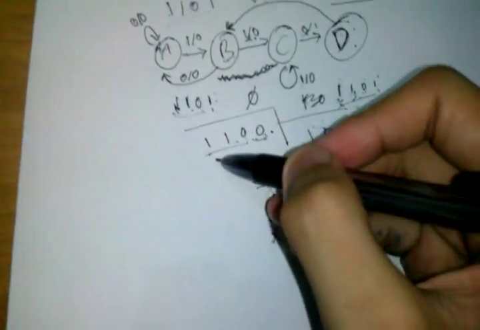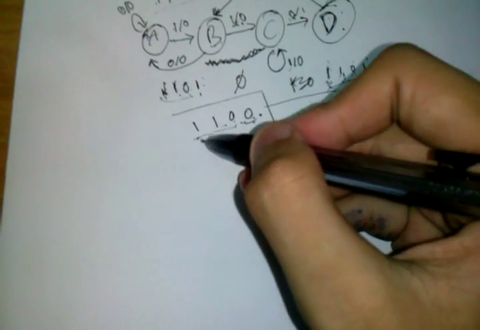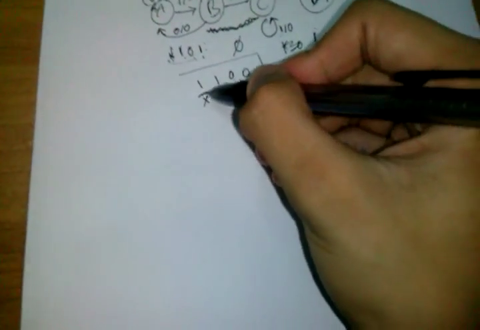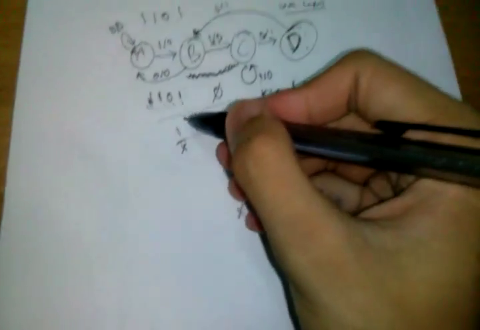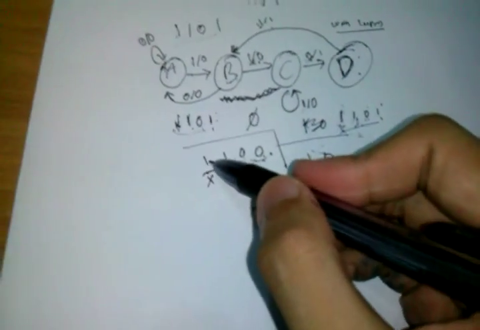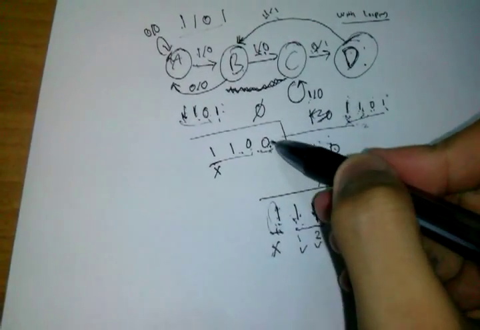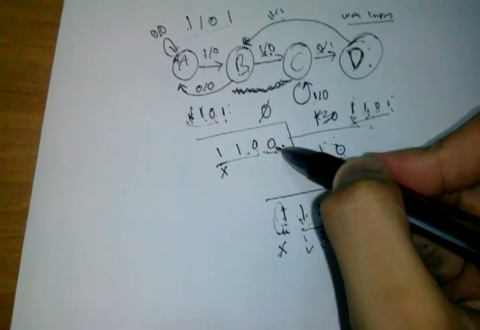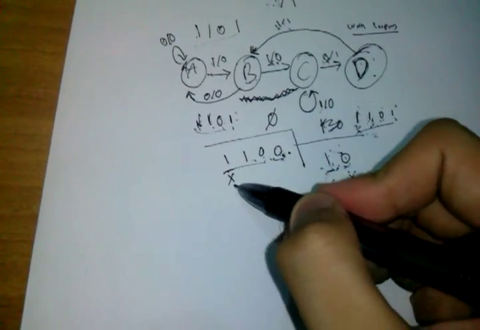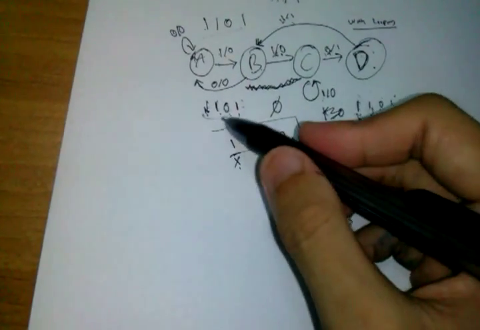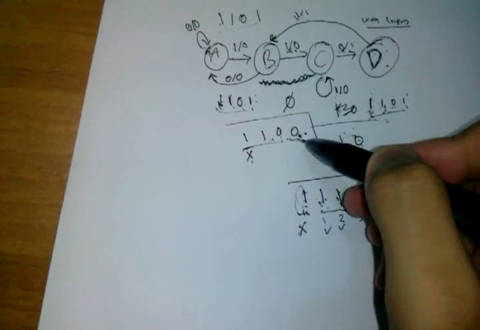Okay, I read again. This is wrong, because there is no probability for this one to be right. If it wants to be right, it should be 1, not 0, but we get 0, so that's why this is wrong. We want 1101, not 1100.